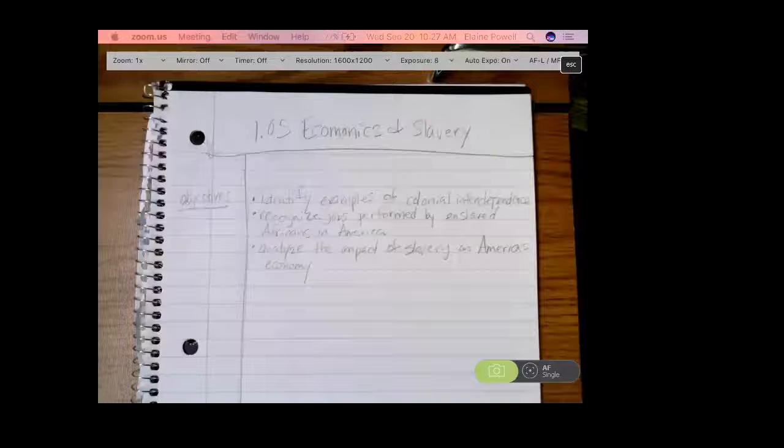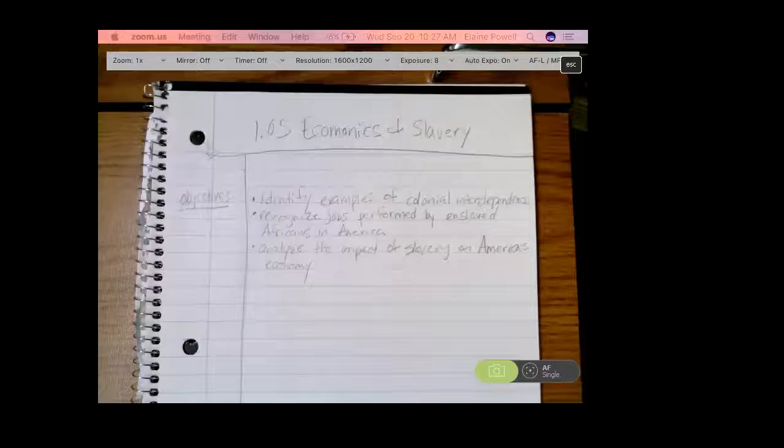Now, if you read those and there's any vocabulary you're not sure what means, sometimes I think it's good to circle those words. That way, as you're reading, you'll see if you can figure out what it means, okay? You can look up the definition right away if you want to as well. But sometimes it's a good idea to circle those words if you're not really sure what it means.